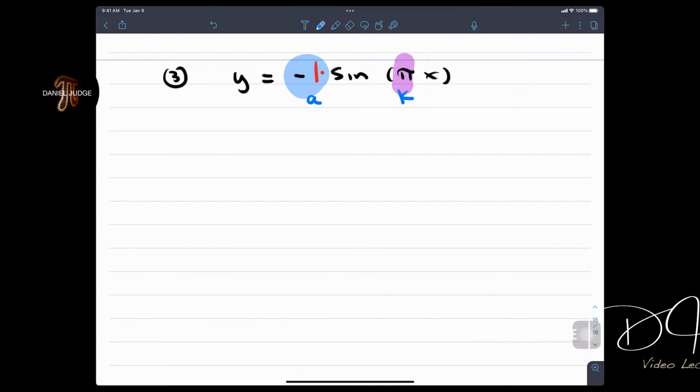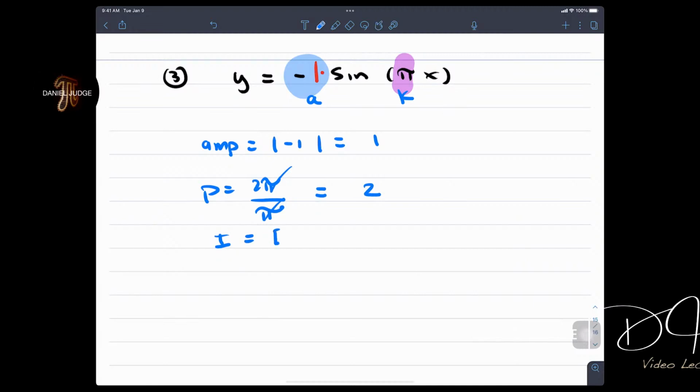So, ladies and gentlemen, amplitude is the absolute value of the a value, which is 1. My period is 2 pi over k. K here is pi. And so I can cancel the pi, and now my period is 2 here. I now have the definition of the interval of one cycle. It starts at 0, and it ends at 2.